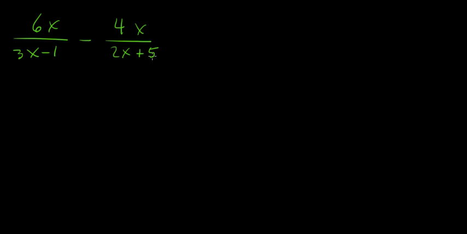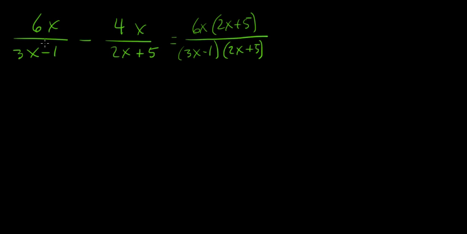So there's only one thing we can do, and that is 6x times 2x plus 5 over 3x minus 1 times 2x plus 5. What I did is I multiplied the numerator and denominator in the first case by 2x plus 5 over 2x plus 5.